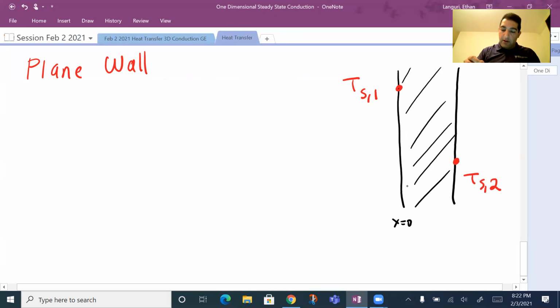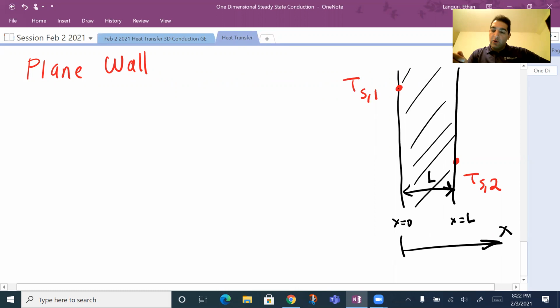The thickness of the wall is L. L can be any number. So the other side of the wall is located at x equal L. And by the way, this is the direction of x, right? Also notice here that I'm showing TS1 higher above TS2, which means that TS1 we're assuming to be warmer than the surface temperature of 2.